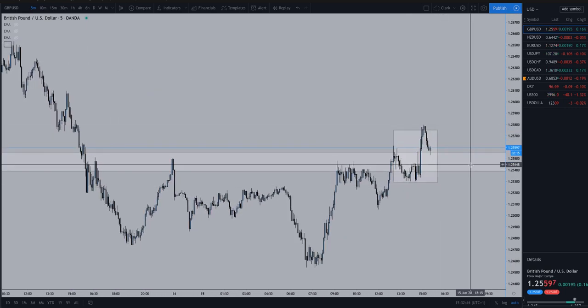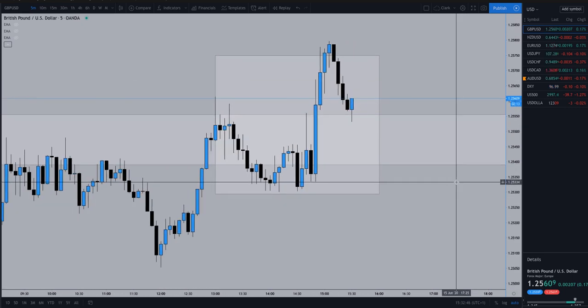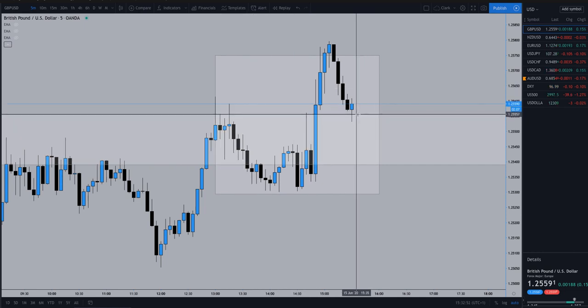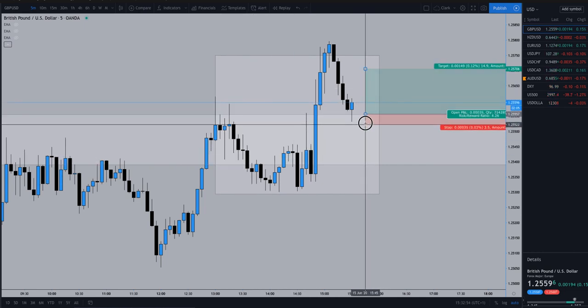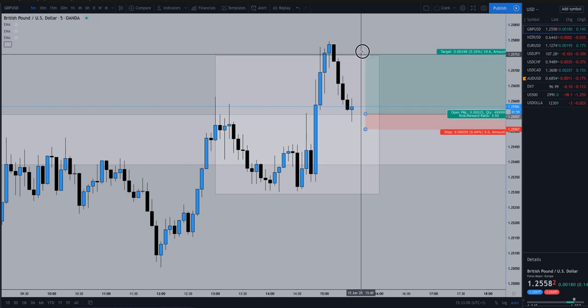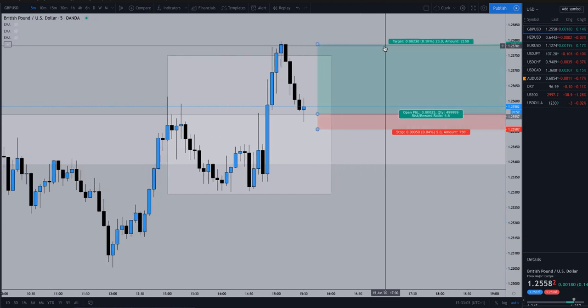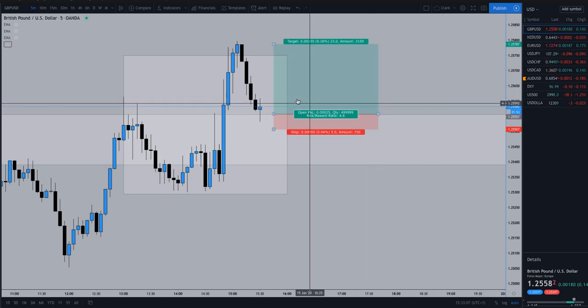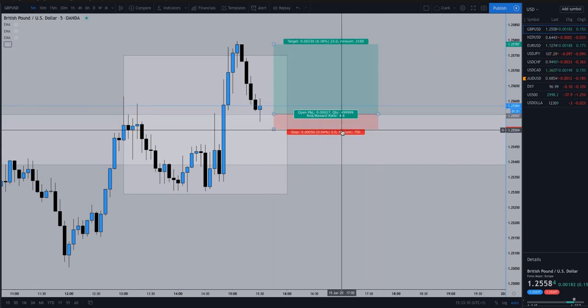I mean, the only target I would look for on a 5 minute would be here. So I'm going to wait for a few more wicks, and I'd make this super tight, 5 pips or so, and then we would target the high. Okay, that's it. If you're going to scalp on the 5 minute, which you could.